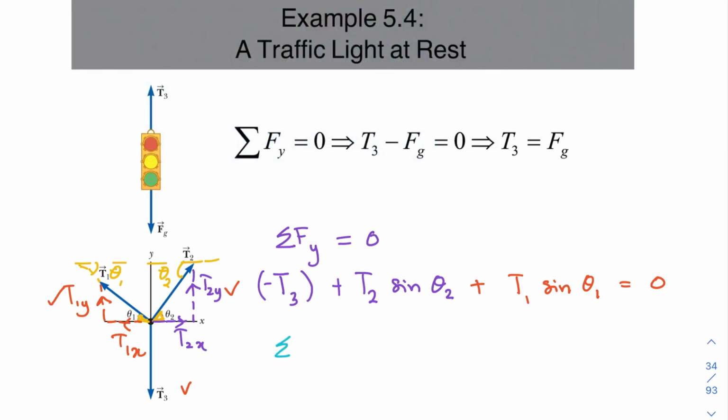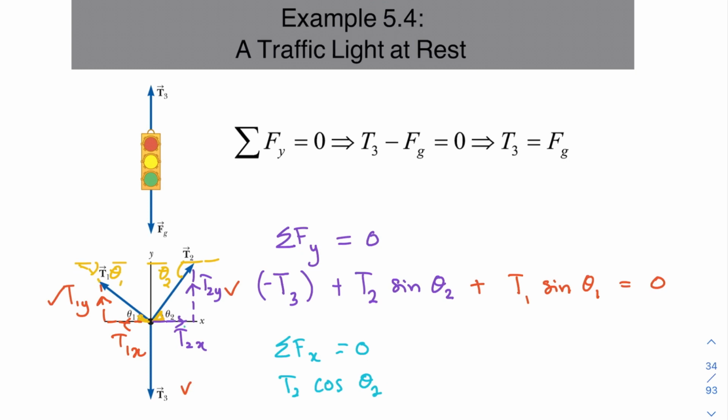We are left with the sum of Fx equivalent to 0 because it is not in motion at all, completely static or stationary. So along x, what do we have? We have T2x. How to get T2x? It's T2 cos theta 2, because with respect to theta 2, T2x is the adjacent side and T2 is the hypotenuse, and it's positive.